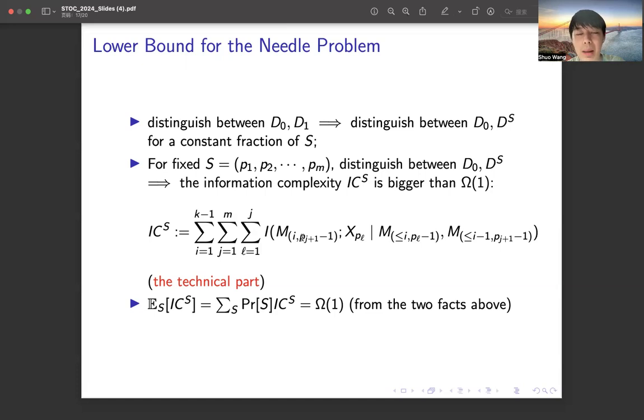But in S, DS is like a needle distribution.